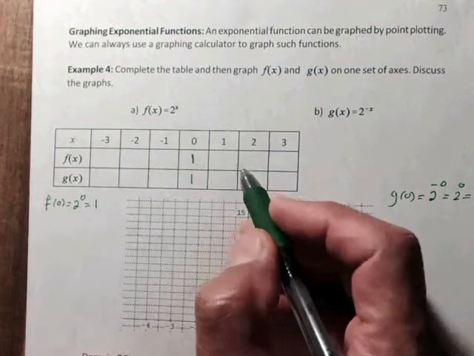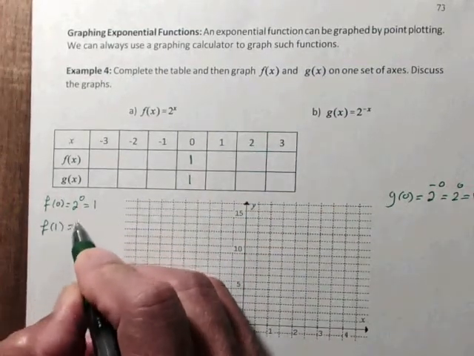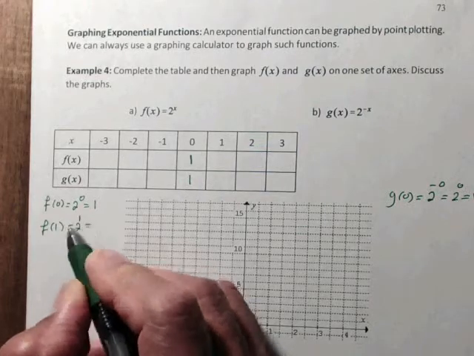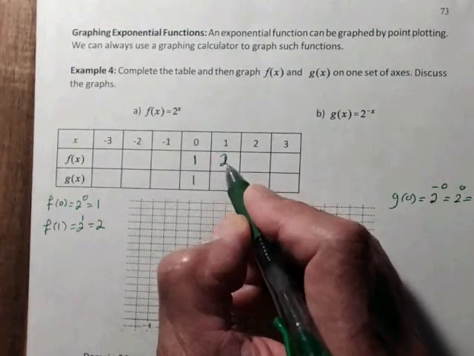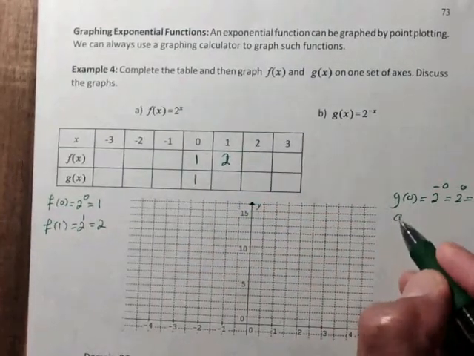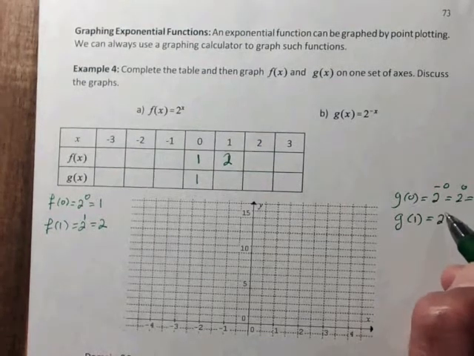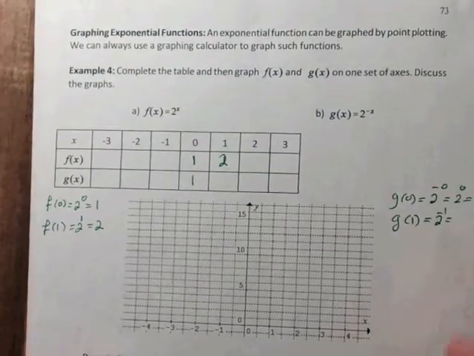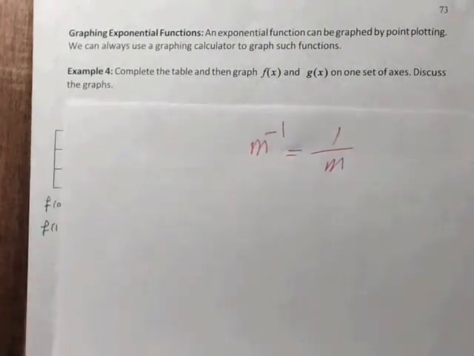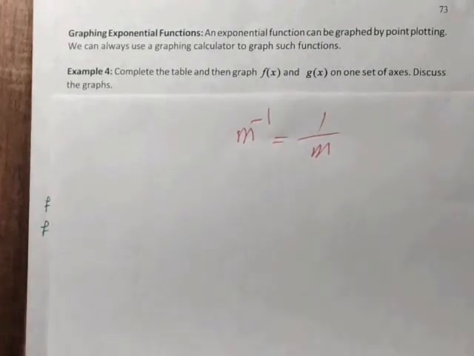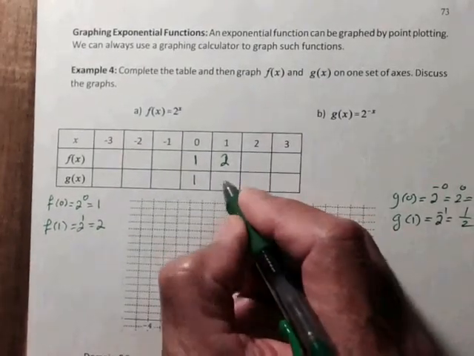Let's try 1. f of 1 is 2 to the power 1, which we all know is 2. g of 1 is 2 to the power negative 1. Using the idea we just discussed, m to the negative 1 is 1 over m, so this is simply 1 over 2, 1/2.